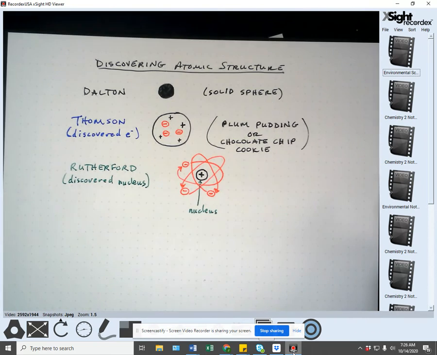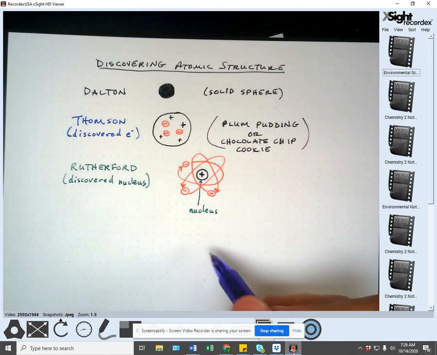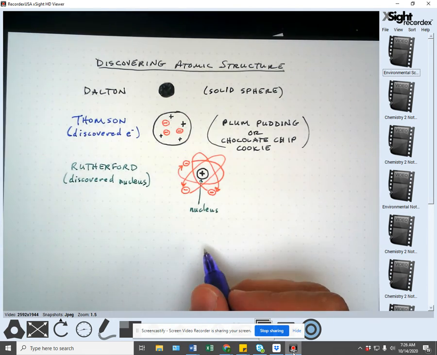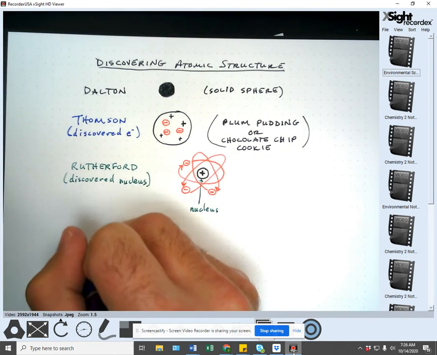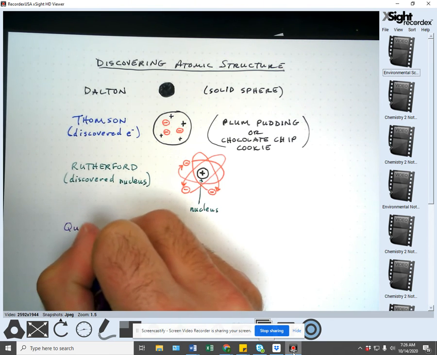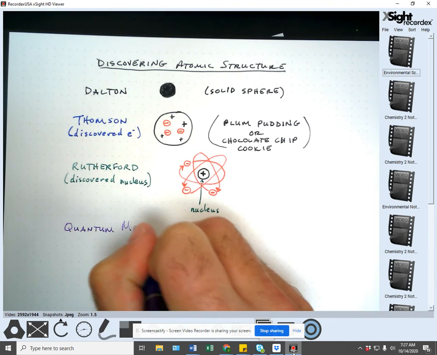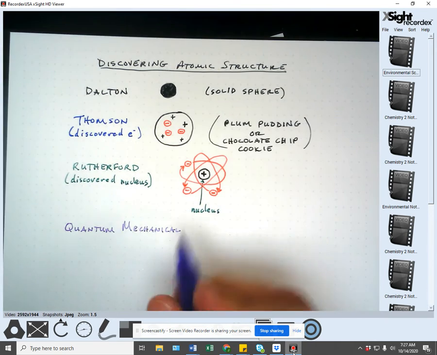Now, just so you guys know, we're not going to talk about it in this video, but there is one more model to go, the current model of the atom. The current model of the atom is what's called the quantum mechanical model.